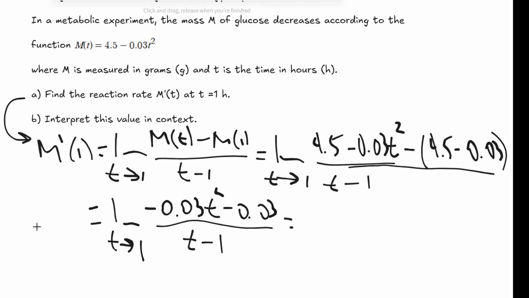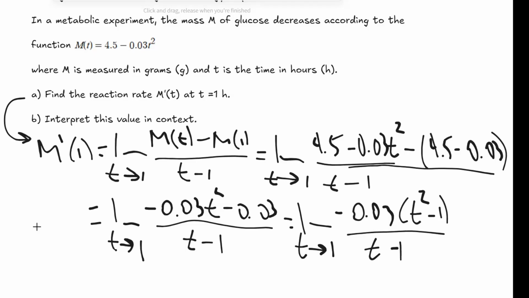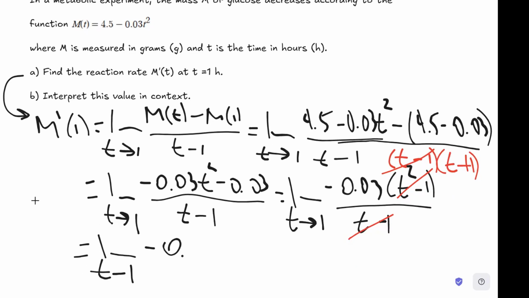If we factor a 0.03 and a negative out of the numerator, then that t squared minus 1, we could factor that as t minus 1 times t plus 1, because it's a difference of squares, and then the t minus 1s are going to cancel, and this simplifies to negative 0.03 times t plus 1, and as t approaches 1, t plus 1 is going to approach 2, that multiplies the negative 0.03, and you get negative 0.06.